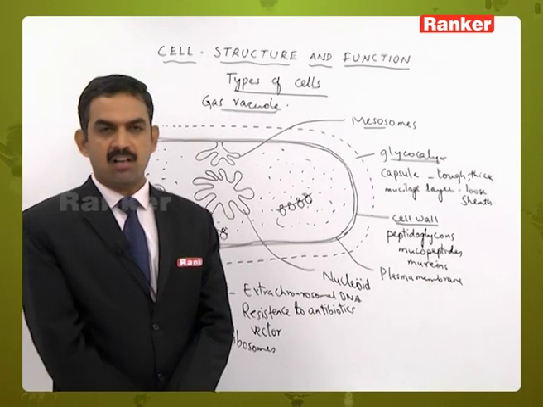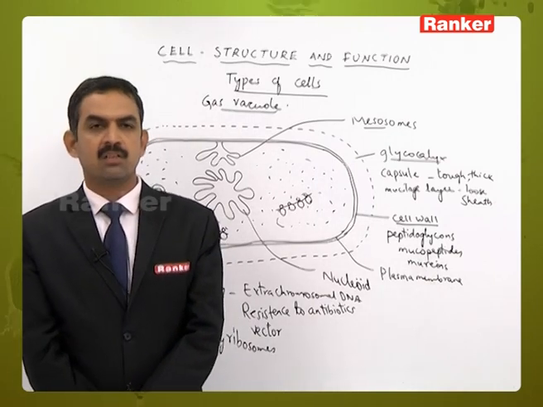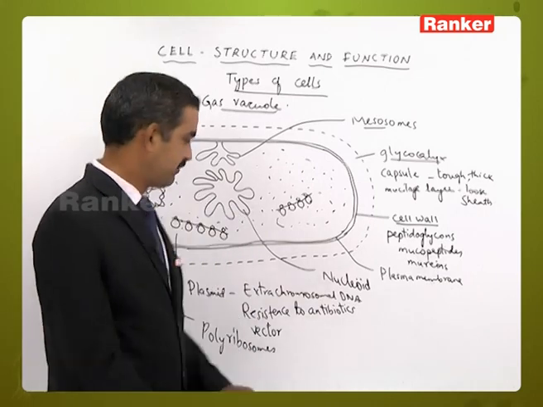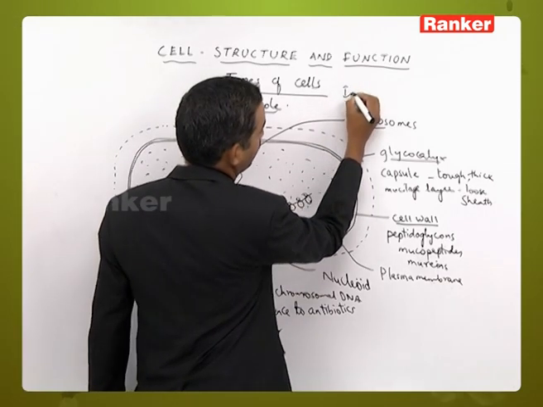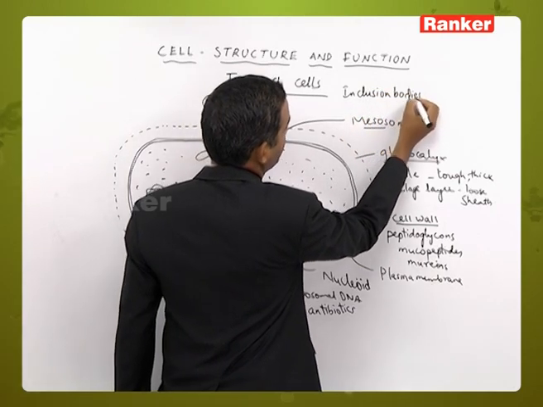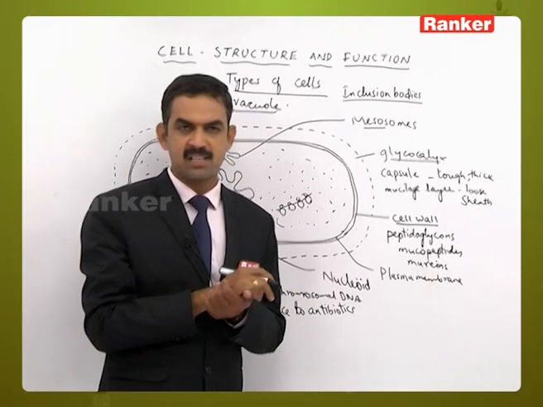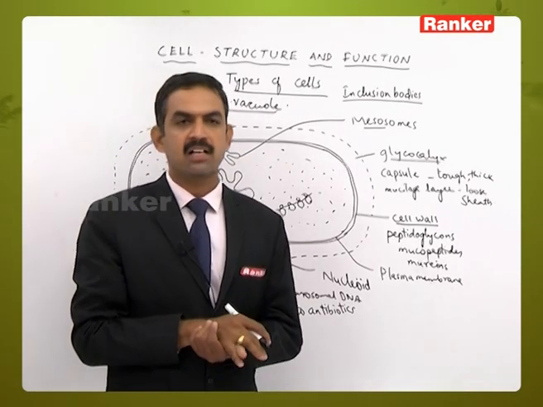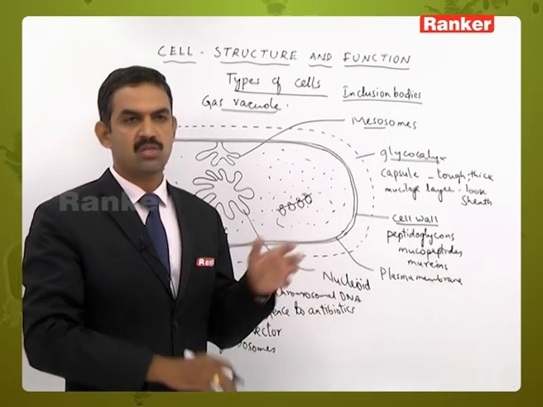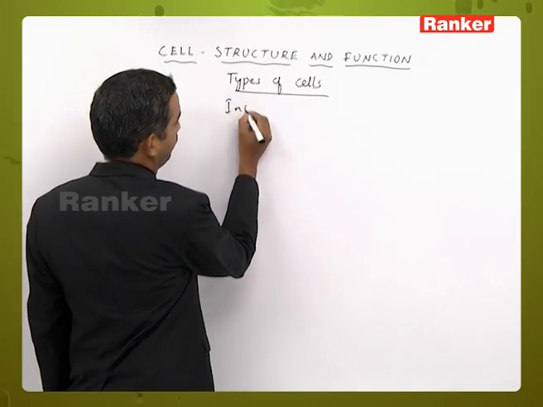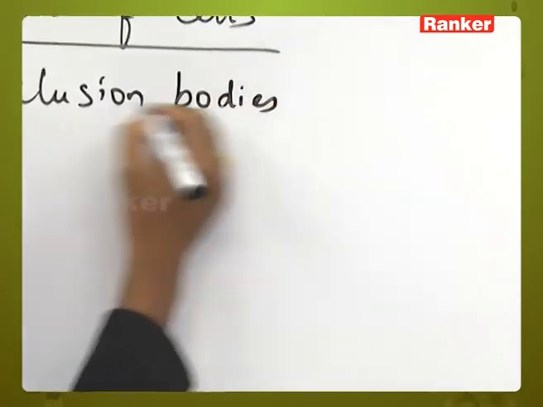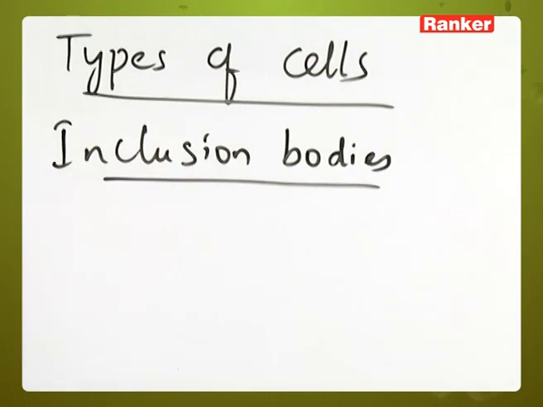Then these bacteria or prokaryotes contain some special structures called inclusion bodies, which are concerned with the storage of materials like phosphate granules and sulfur granules. Many types of inclusions are present, which are inorganic and non-living.